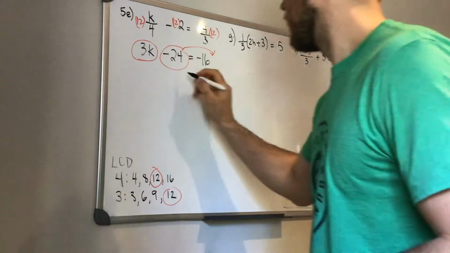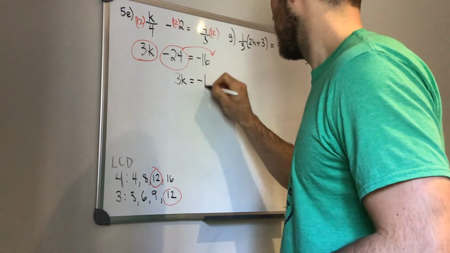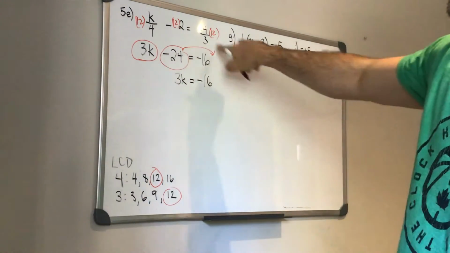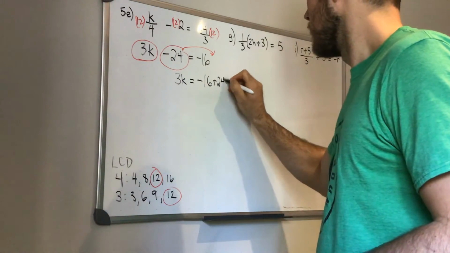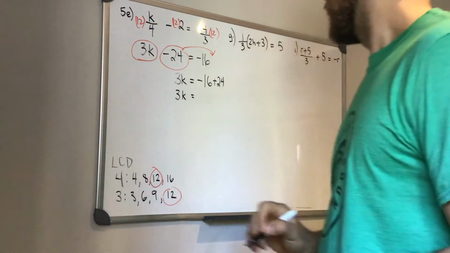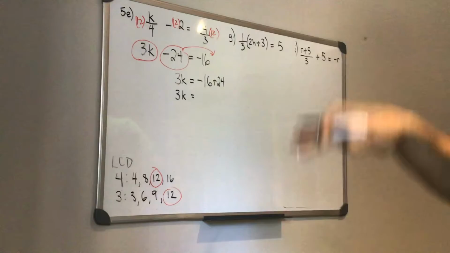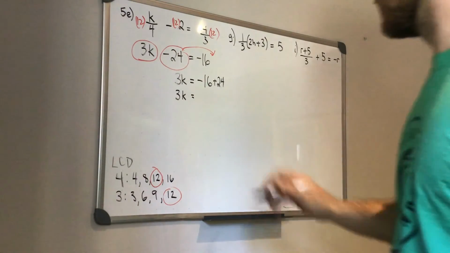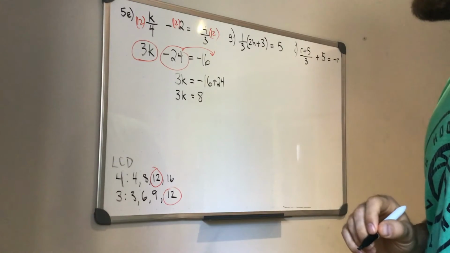So now we're going to have 3k is equal to negative 16. When I move that negative 24 to the other side, we'll have plus 24. Negative 16 plus 24, so we're starting at a negative value, adding 24 to it. I believe that gives us an 8.